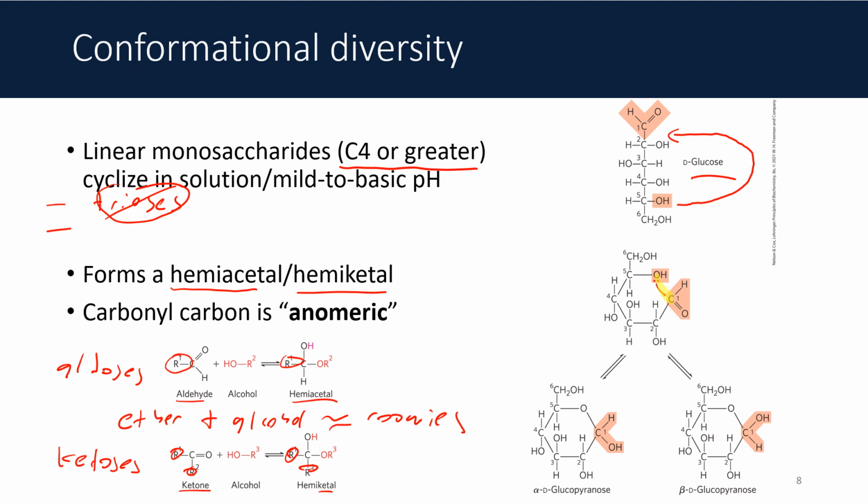And this cyclization reaction occurs in mild to basic solution pH. It does not work in acid. You will actually undo it if you add acid to a sugar. So what I want you to mull over is why. Why do you think that is? I'll let that haunt you for a little bit, and we'll touch upon that in class.